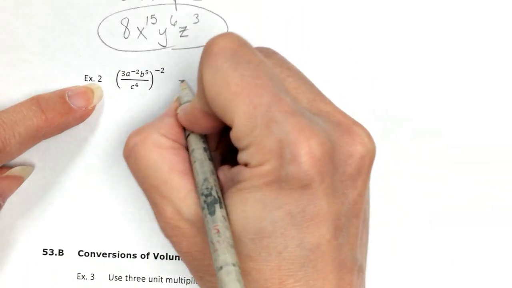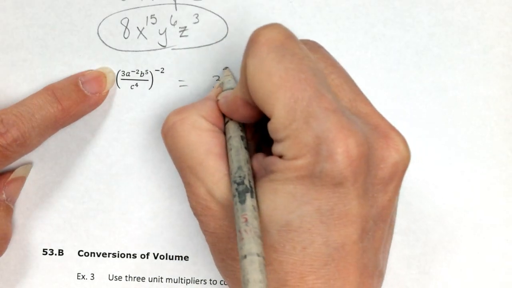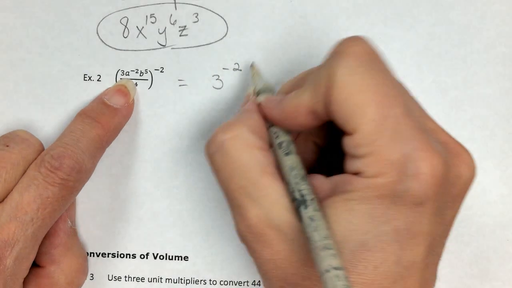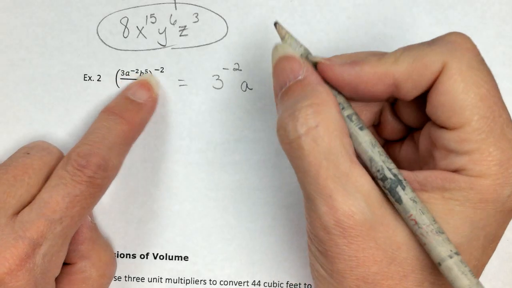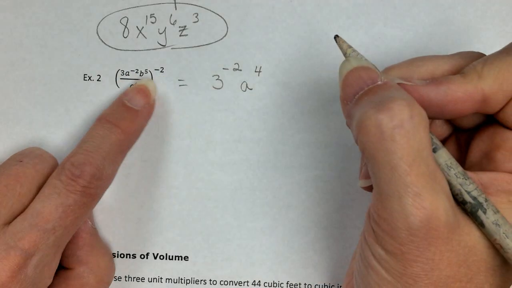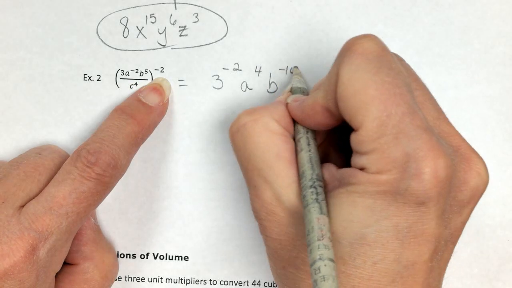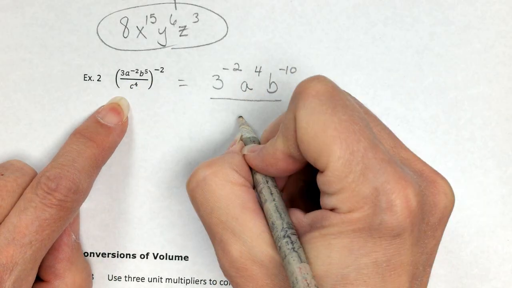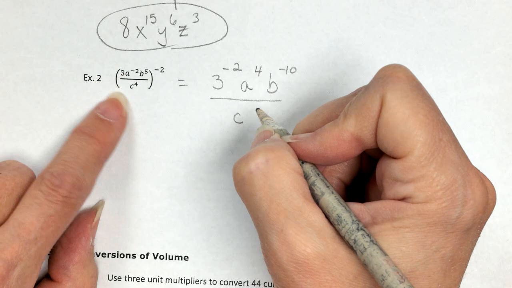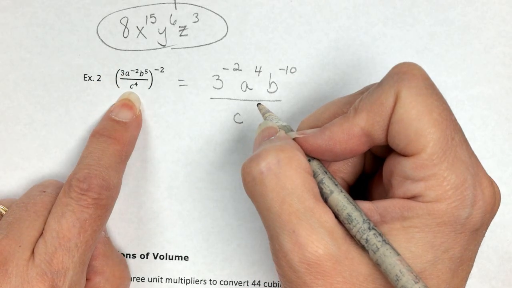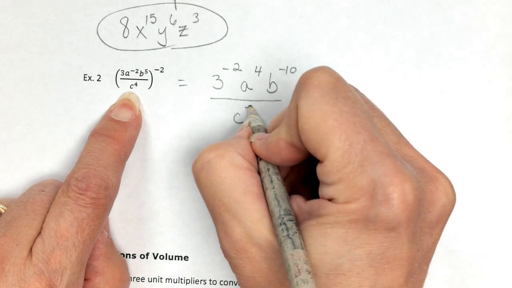We have here 3 to the negative 2, A, and then we do negative 2 times negative 2, that's a 4. And then our B, 5 times negative 2 is negative 10, over C, and this whole thing in parentheses is also to the negative second power. So we have negative 8.